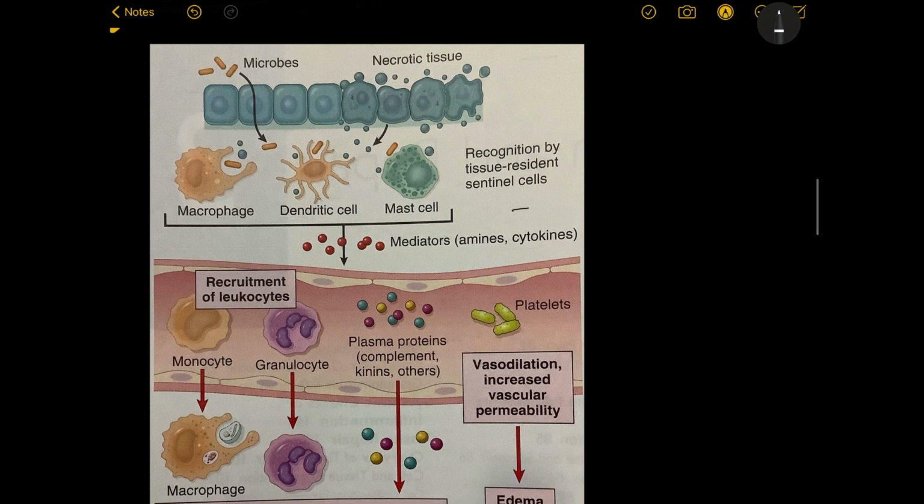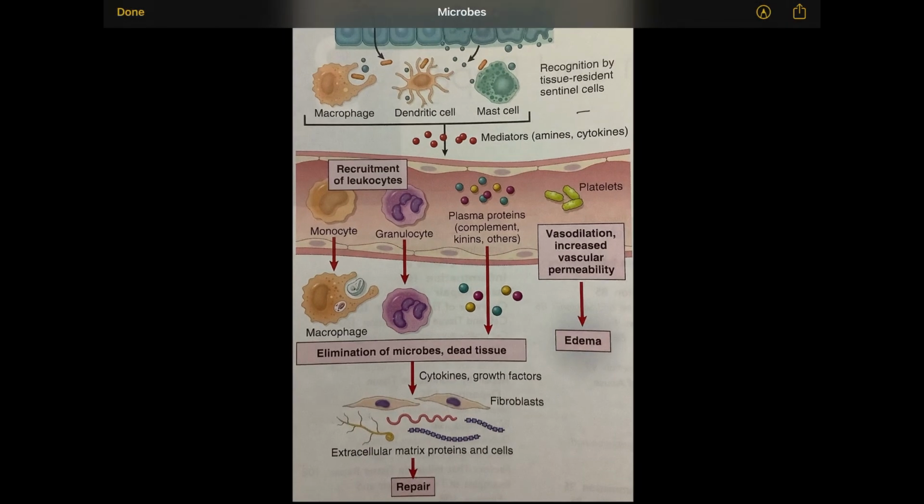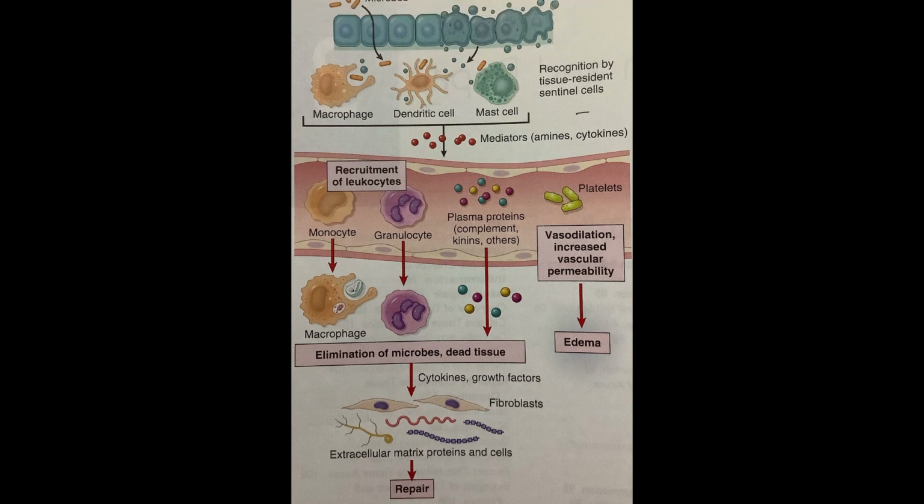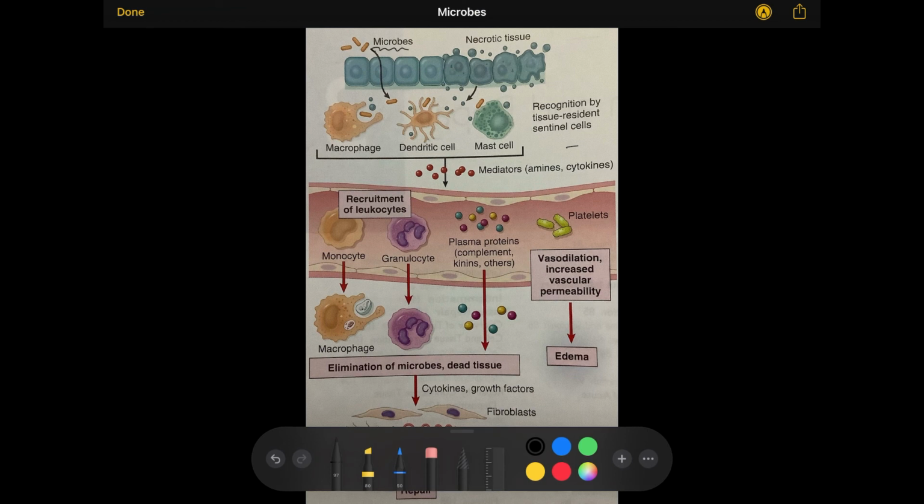So what does this actually show us? See, in the first case, we are seeing that the microbes, in this case, are the offending agent, right? So the microbes are actually entering the host tissue.